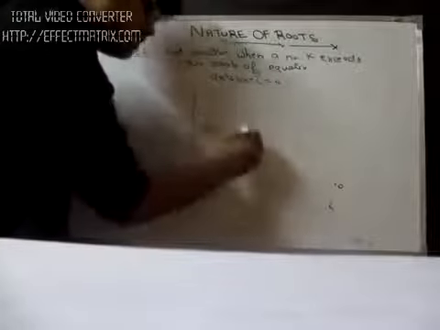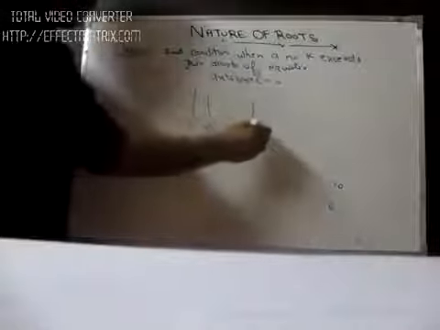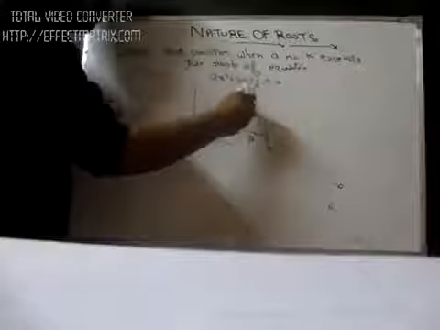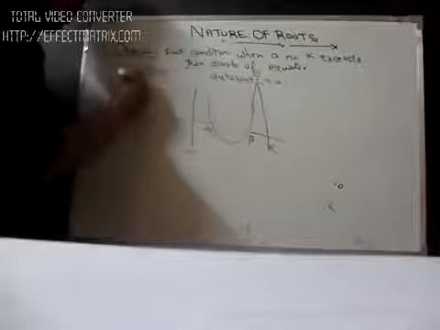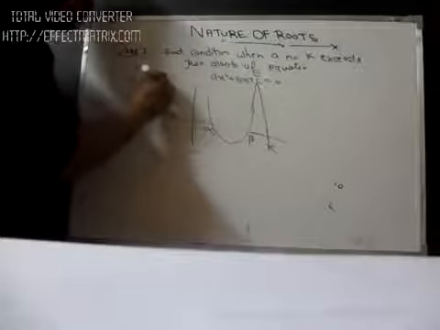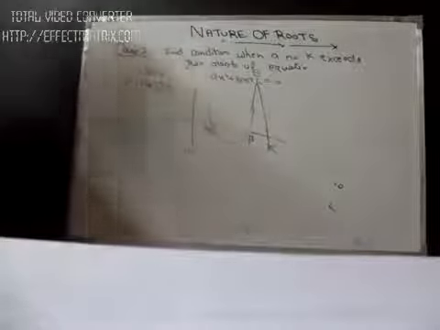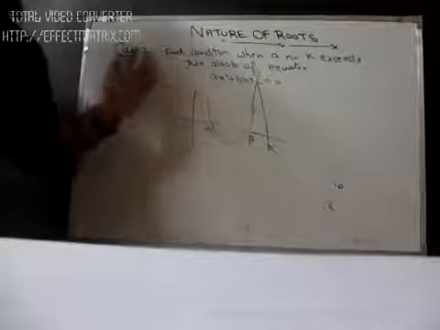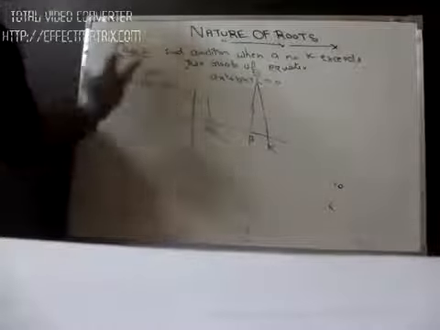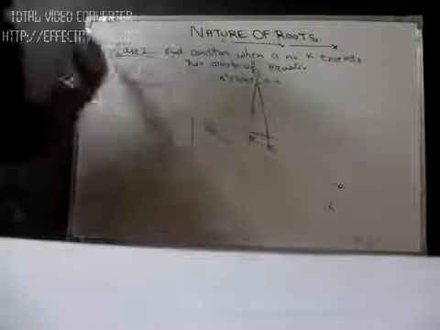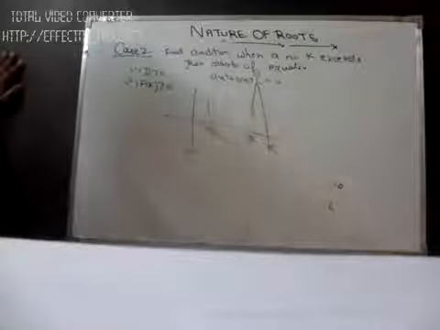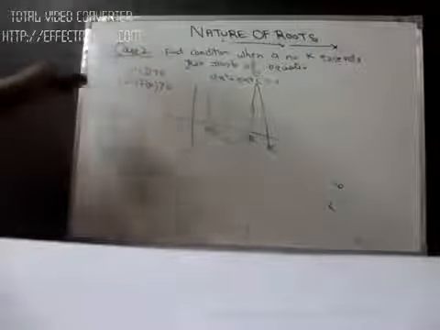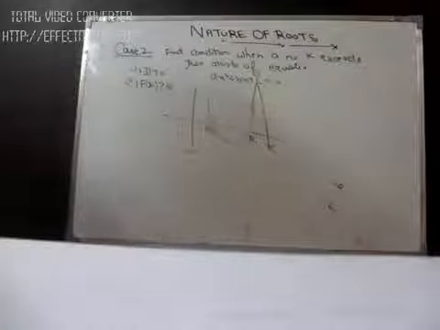This is alpha, this is beta. A number exceeding both means first condition D is greater than 0 and the value of the function at k, f of k, is greater than 0. Solve these two conditions and find the intersection and find any range or condition in a, b, c or k.